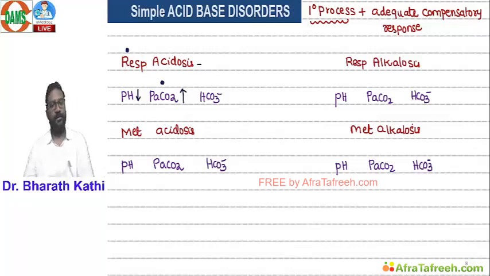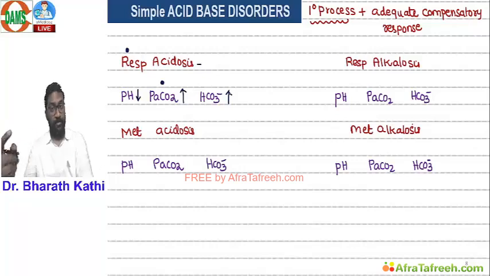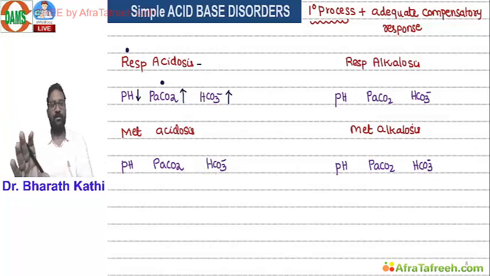For respiratory acidosis, what is the compensation? Bicarbonate tends to increase. How this compensatory phenomenon happens, I have explained in detail in the next lecture in the recorded version. Just go through it.